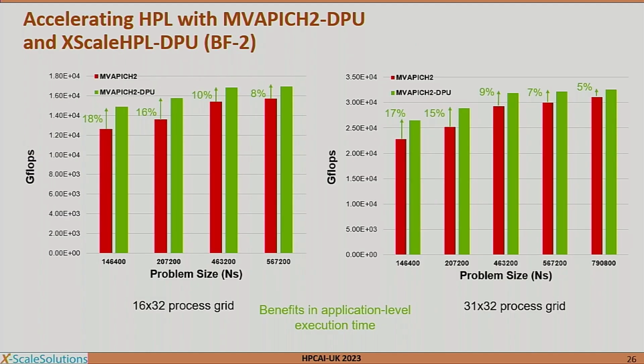One of the applications is HPL. I'm sure all of you are familiar with HPL. HPL uses the non-blocking Bcast, and we modified that HPL. So we have an X-Scale HPL version for DPU, and this is the CPU HPL, not yet GPU HPL. That is our next goal.